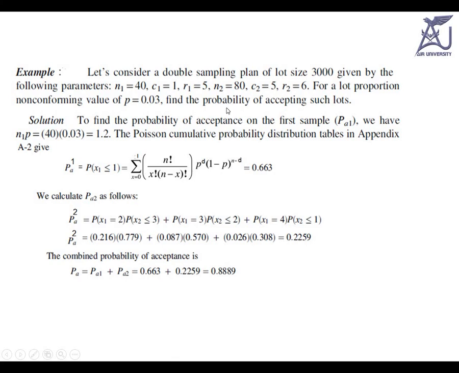It should be 3, because C2 is 5. So defectives observed equal to 2 in the first sample, and defectives observed in the second sample less than or equal to 3. So the total becomes equal to 5.